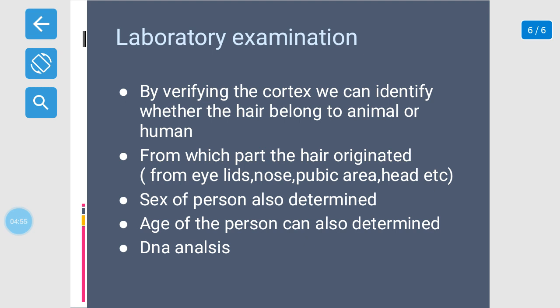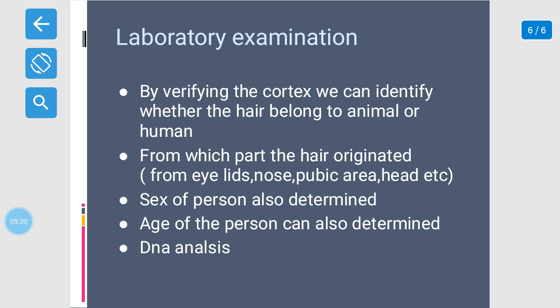After examination in the laboratory, the main things we can understand are these. By examining the cortex, we can identify whether the hair belongs to an animal or a human. That is the foremost thing.